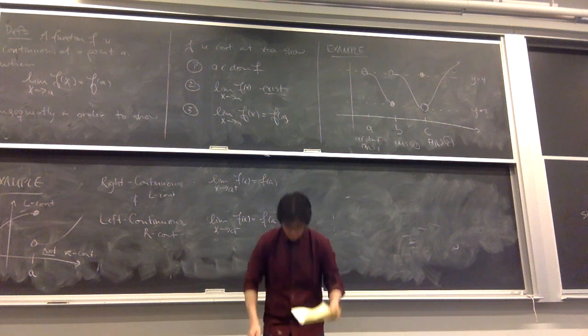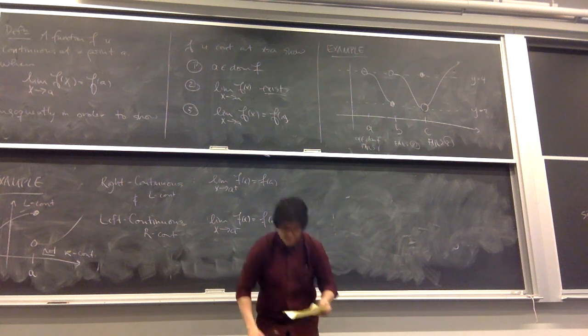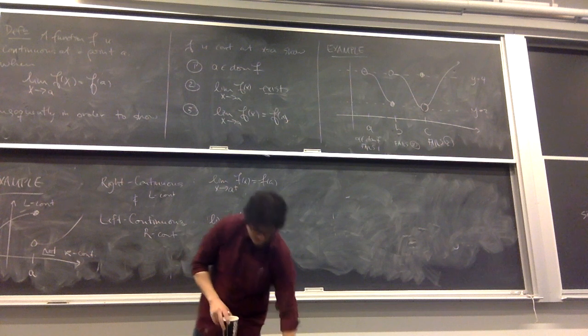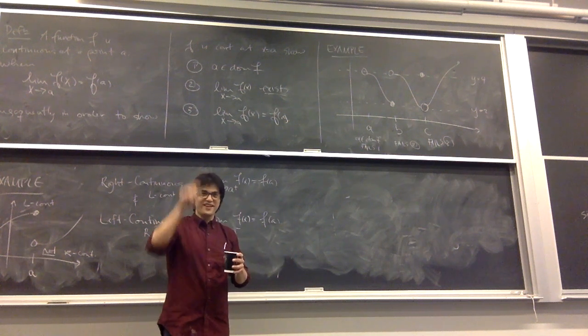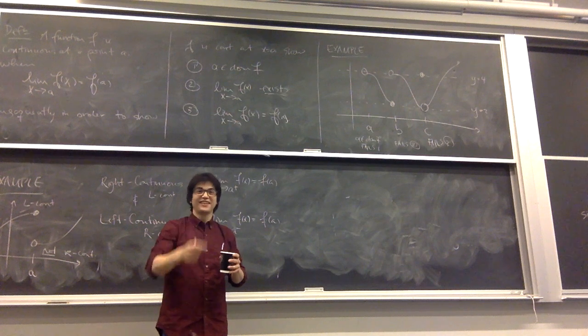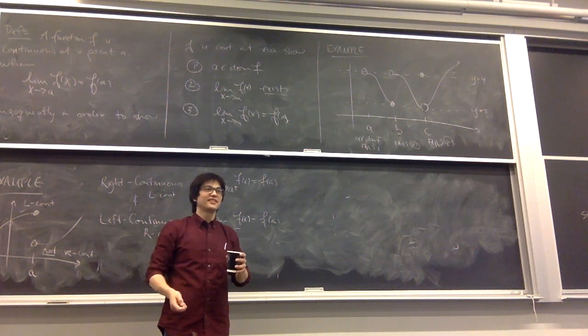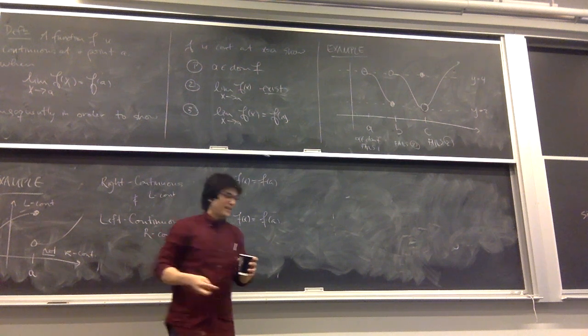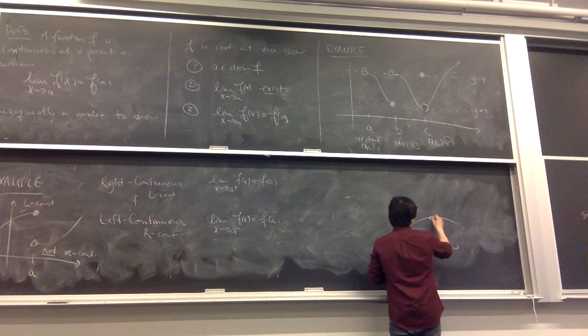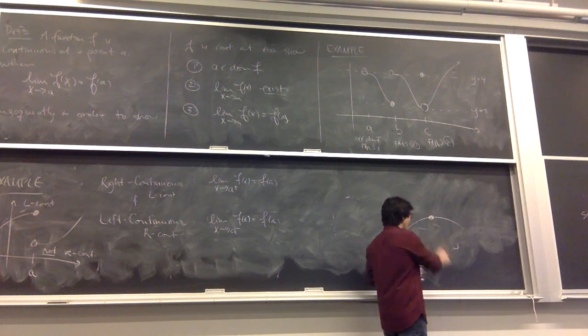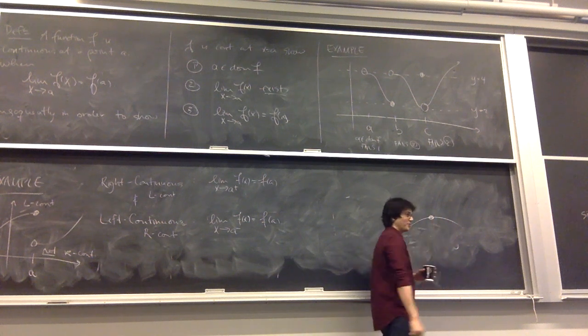Here's a question. If a function is continuous at A, is it left and right continuous at A? Yes. Raise your hand. Yeah. Yes. Anyone else? This should be very obvious. So if you're continuous here, obviously you're left continuous and right continuous.